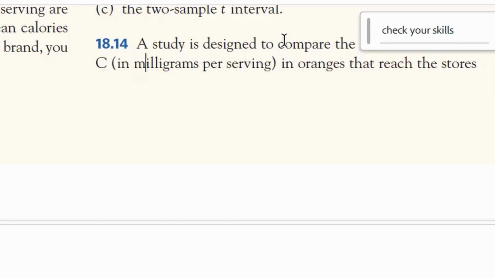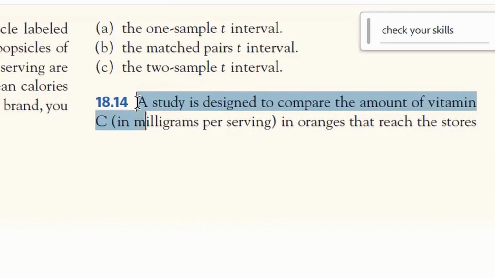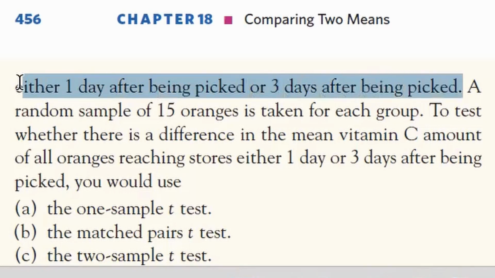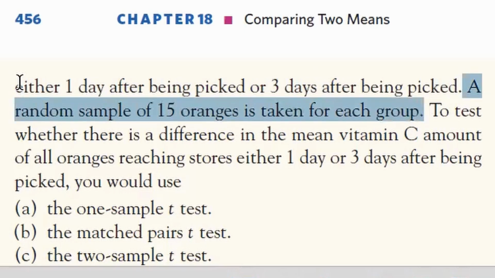A study is designed to compare the amount of vitamin C in milligrams per serving in oranges that reach the stores either 1 day after being picked or 3 days after being picked. A random sample of 15 oranges is taken for each group.